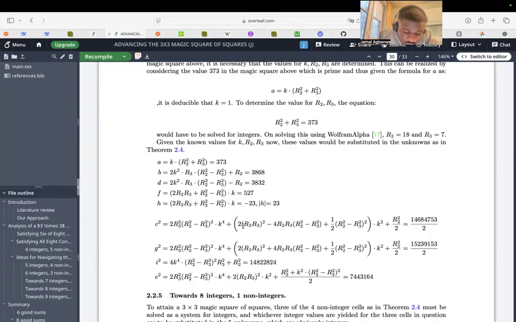C plus F is 527. And what is I? 14822, 824. Yes. So far, I've tested all four sides. They are all correct.